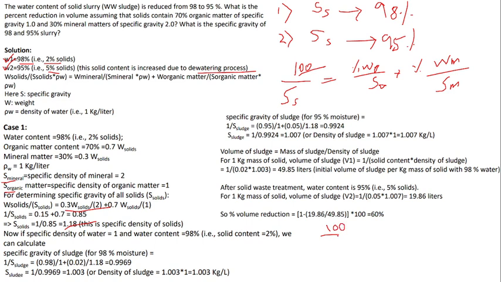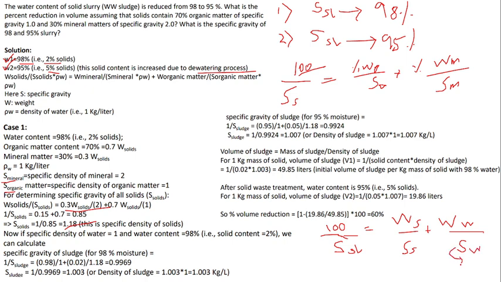So 100 divided by specific gravity of slurry is equal to weight fraction of the solid divided by the specific gravity of the solid plus weight fraction of the water divided by the specific gravity of water.